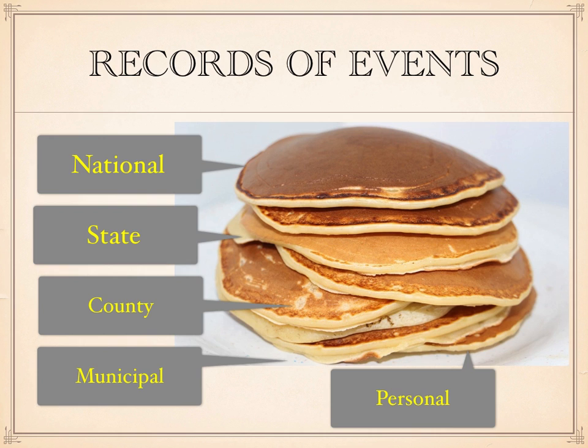Most of the states today keep records on a state level concerning births and deaths. County level records have traditionally included marriages and land and property records in the United States. And municipal records can include anything from schools to churches to anything that is created on a municipal or very local level.